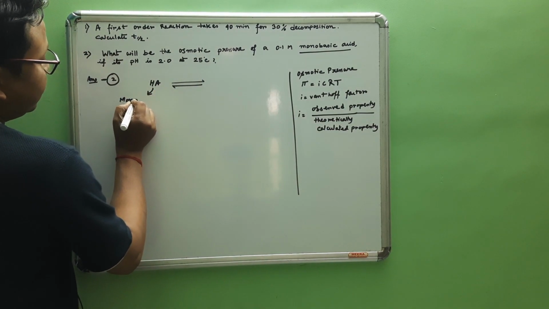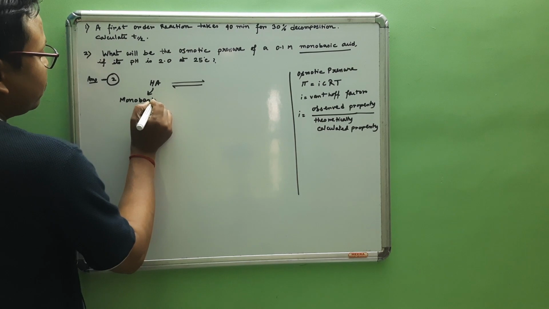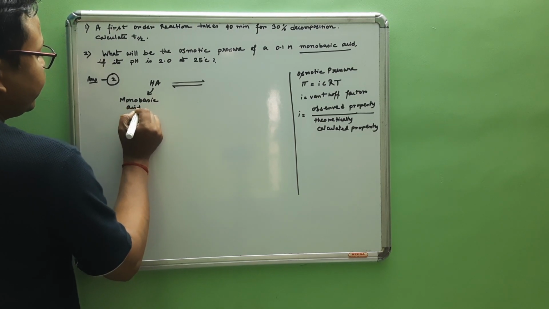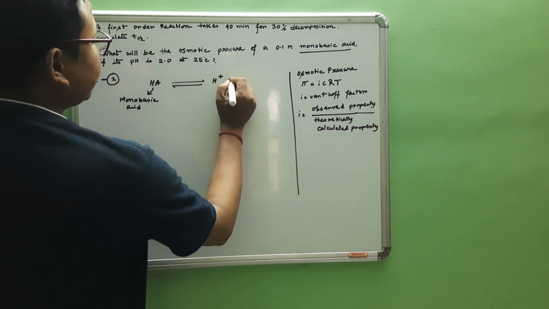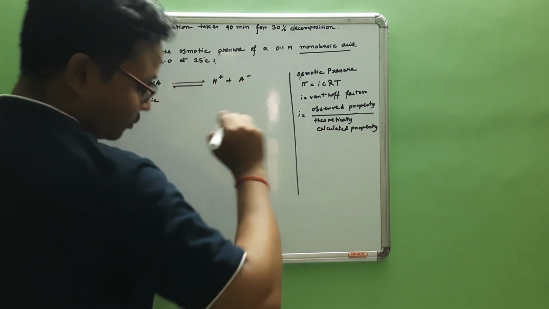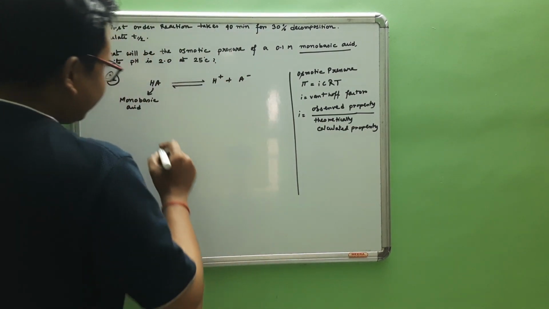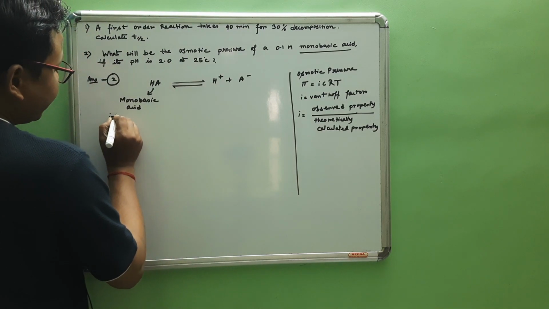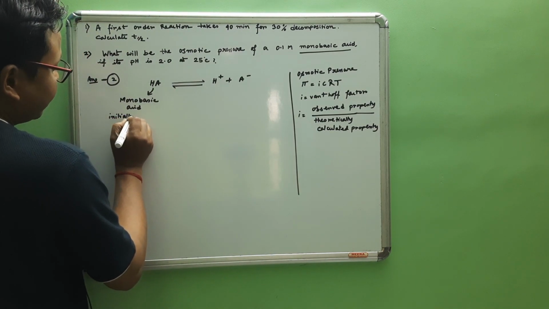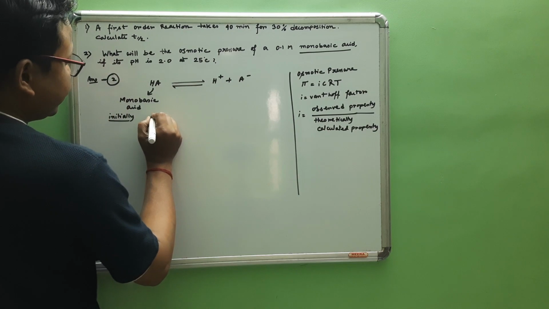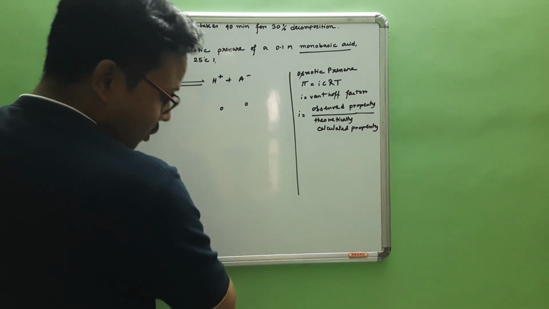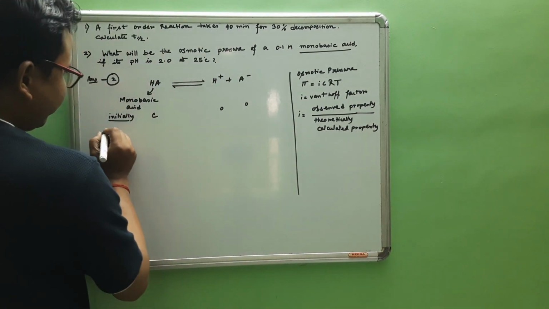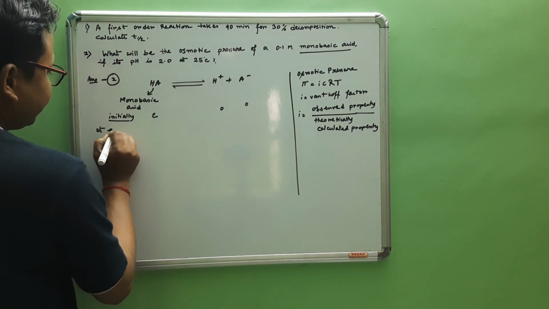Chemistry is not a very difficult subject, but it is a subject of understanding. So initially the concentration of the monobasic acid is C, and the concentration of H plus and A minus is 0. So at equilibrium, what happens?